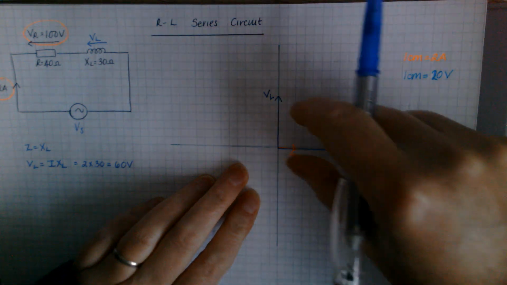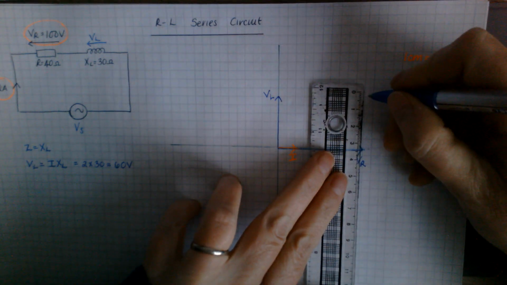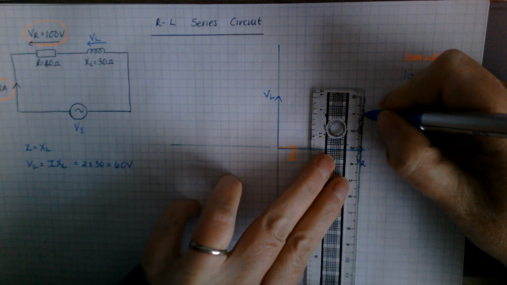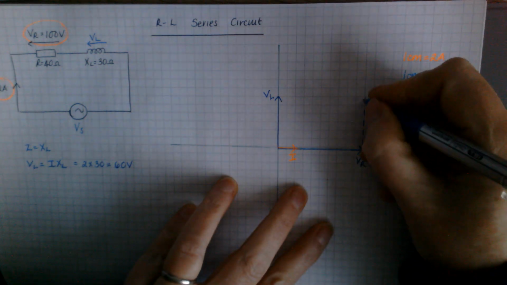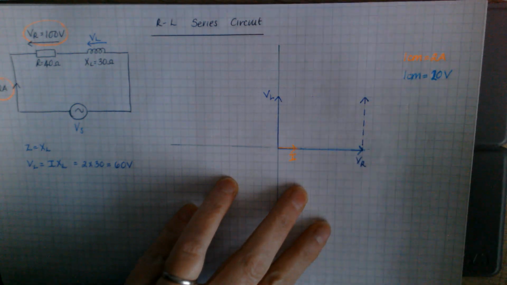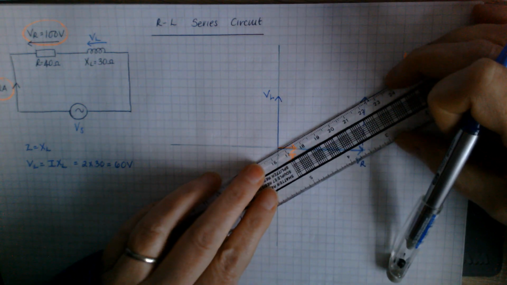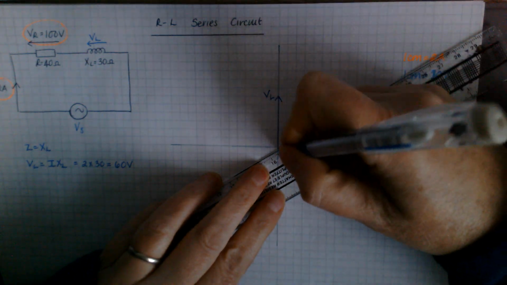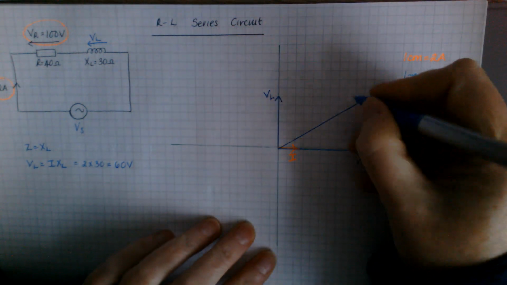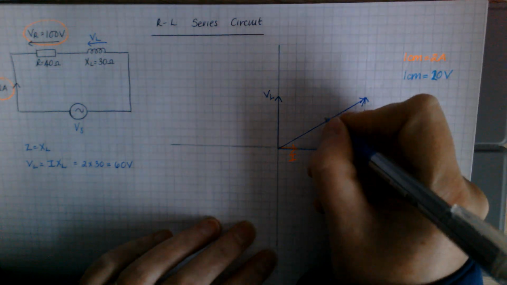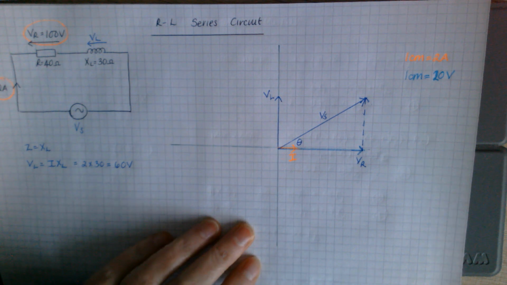So I'm essentially taking that VL phasor, putting it on the end of VR, as if it's over here. And then I'm working out what it is from here to here. And that phasor there, that is my VS. And that's my circuit phase angle.